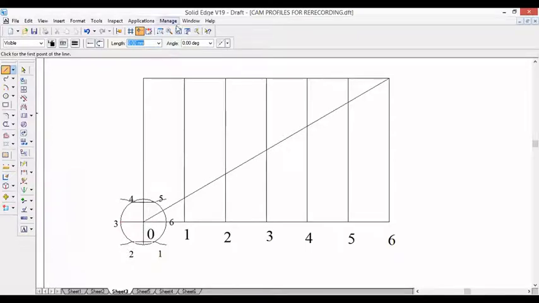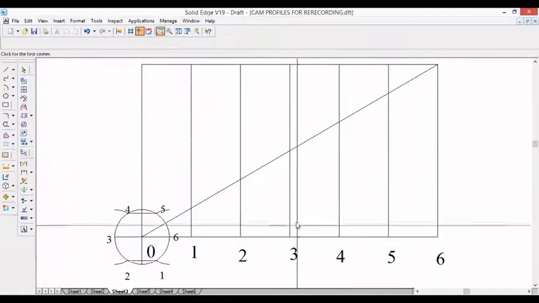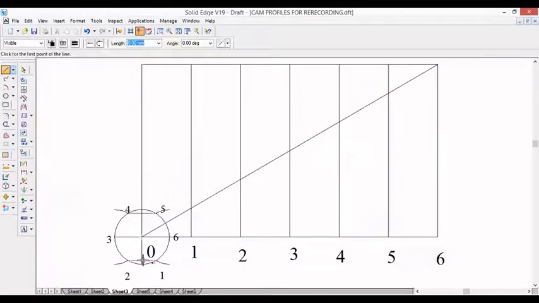Similarly, consider the midpoint between the points 1 and 2 on the circle. Draw a line parallel to the previously drawn diagonal line, up to point 2 on the outstroke, because this is with reference to 1 and 2. So 1 is here itself and 2 is here, parallel line.